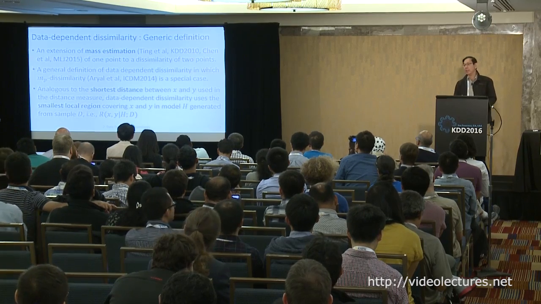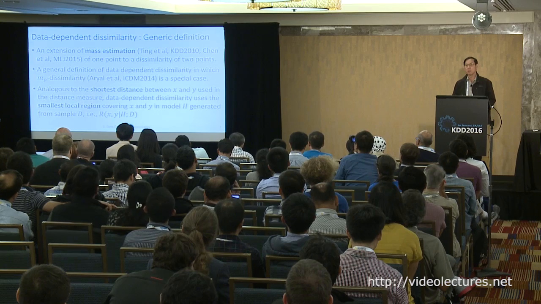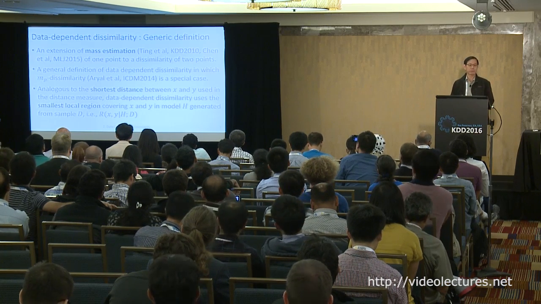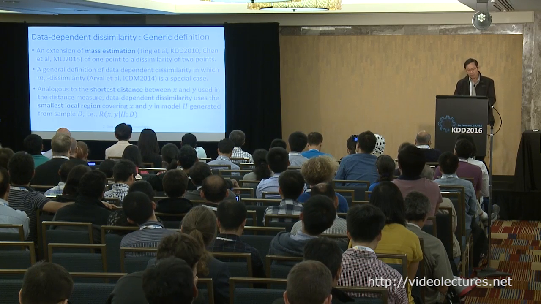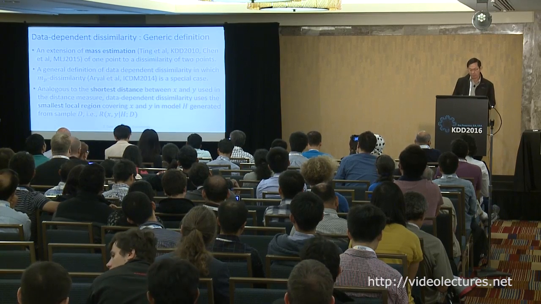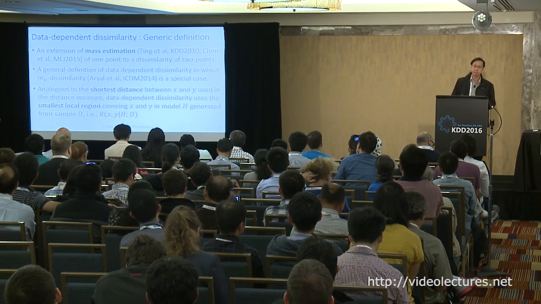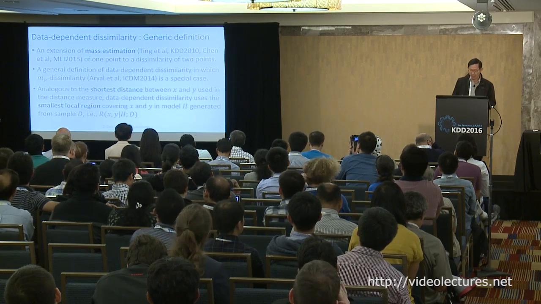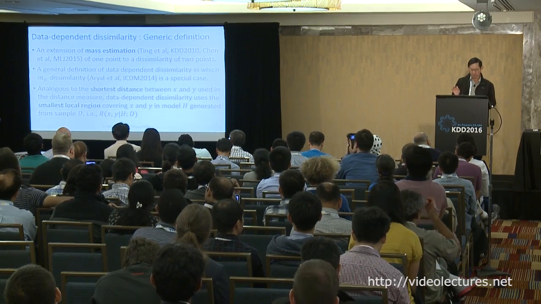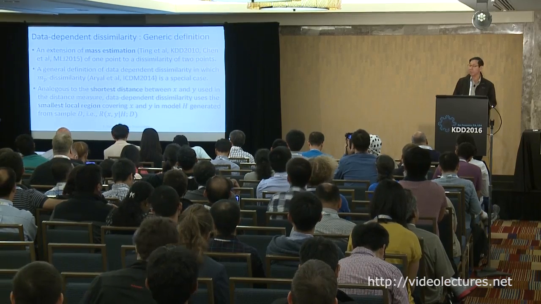It extends from the mass estimation of one point to the similarity of two points. We introduced a first version of mass-based dissimilarity in ICDM in 2014, and what we give here is a generic version of that. The one in 2014 is a special case.